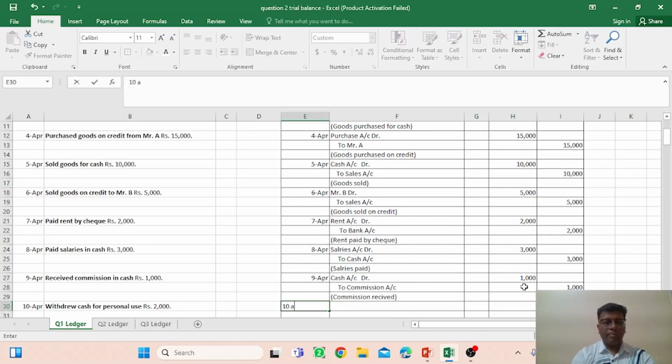And on 10th April, you find another transaction with draw cash for personal use. So if you see there is a particular case of personal use, it means you are withdrawing the money from the business for your personal use. So capital is reduced in the form of drawings. So drawings account would be mentioned.